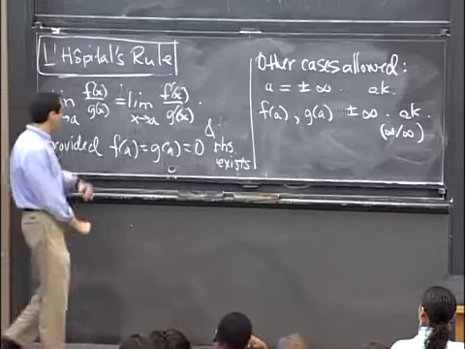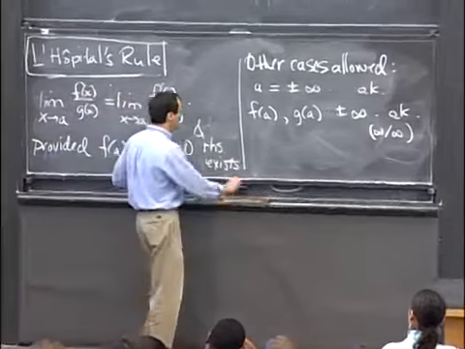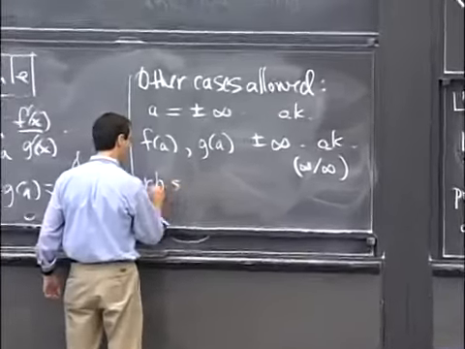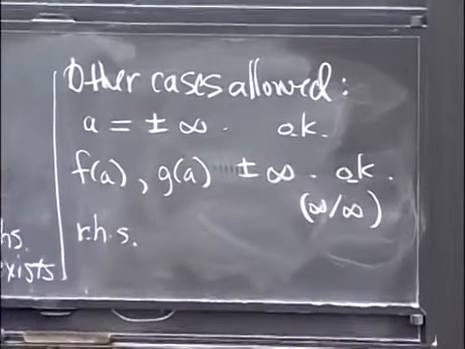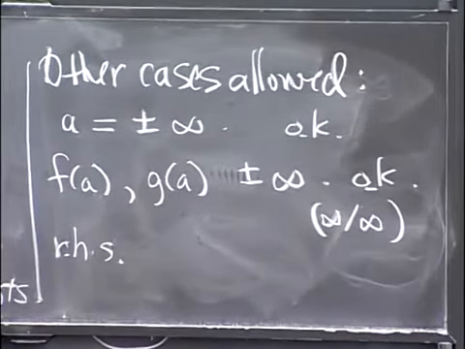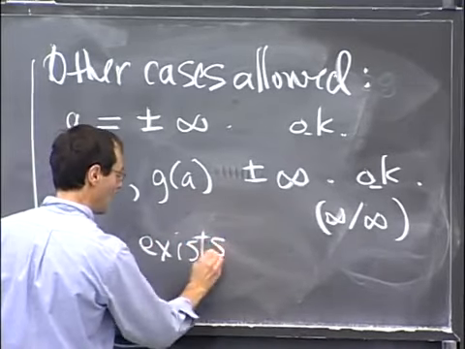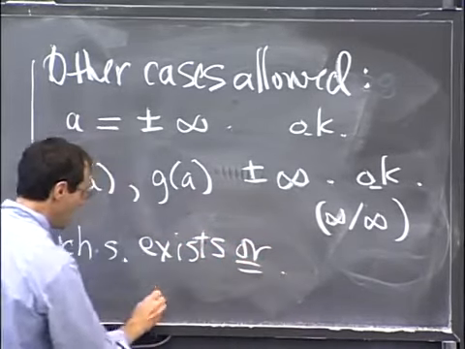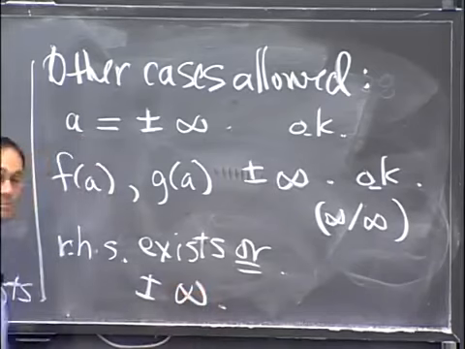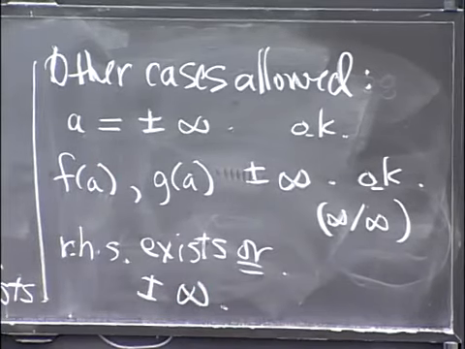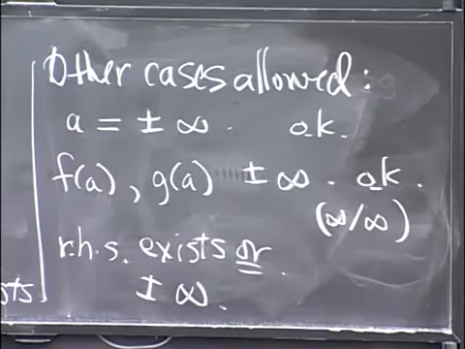And the third thing is that the right-hand side doesn't really quite have to exist in the ordinary sense. Or it could be plus or minus infinity. That's also OK. That's still information.